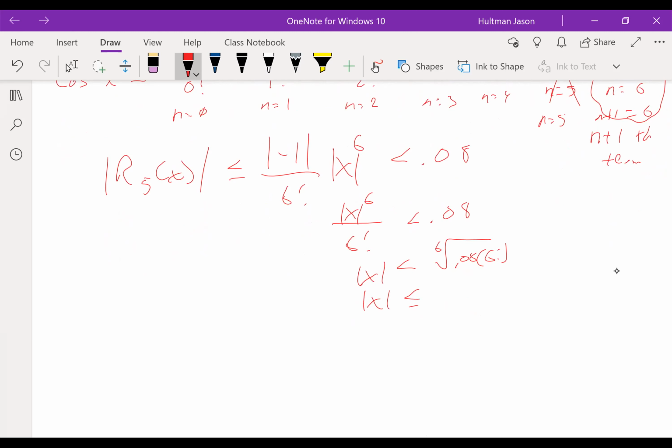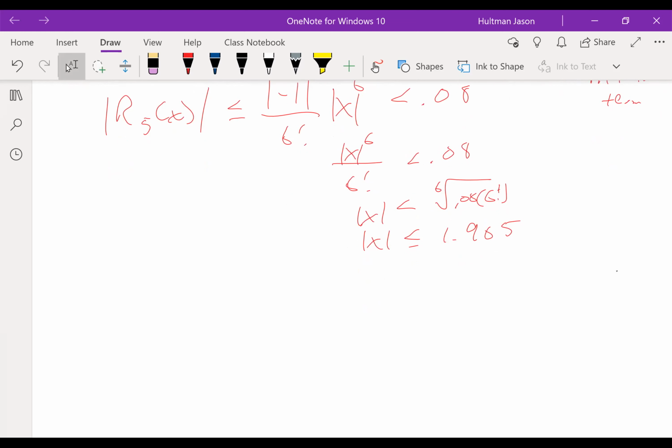So x is less than or equal to about 1.965. So I would say that a in this case is 1.965, or negative 1.965 is less than or equal to x, which is less than or equal to 1.965.